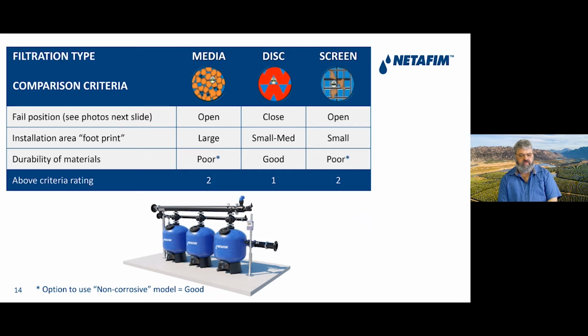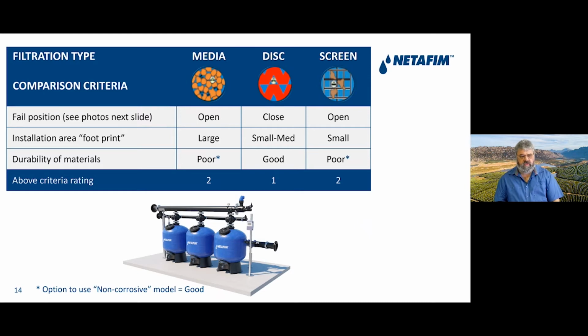The durability of materials just depends on whether it's a material made from steel that can corrode, or from plastic or polypropylene or any non-corrosive material. So the media and the screen filters were normally only in steel, but today you also get them in a non-corrosive option. Then they will also be good if it's one of those models.